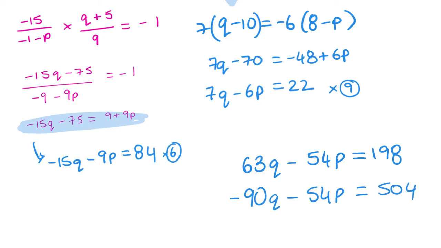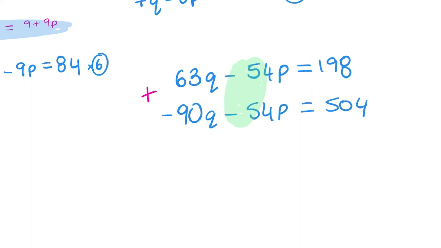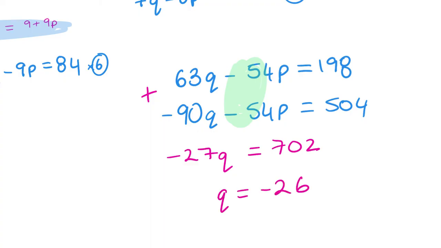Okay, now that these are the same, I am just going to use, what do I do? Just add. I'm going to add them, aren't I? So, 63 plus minus 90? Minus 27q equals 198 plus 504, 702. Divide both sides by negative 27. Okay, so I get q equals minus 26.